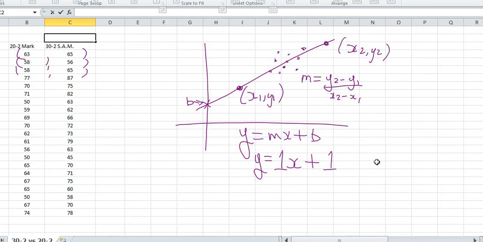So that's y-intercept, that's slope. Okay, anybody else got one? Just need a few. 1x plus 5. Anybody else? 1.38x minus 18.